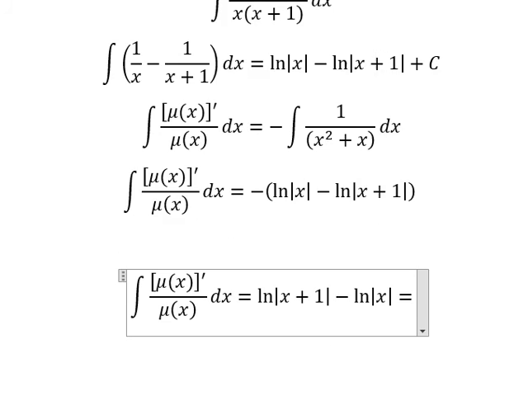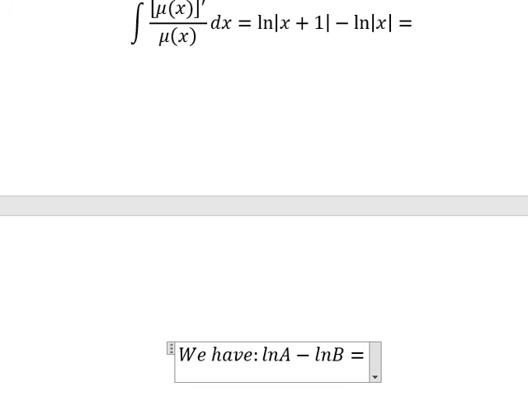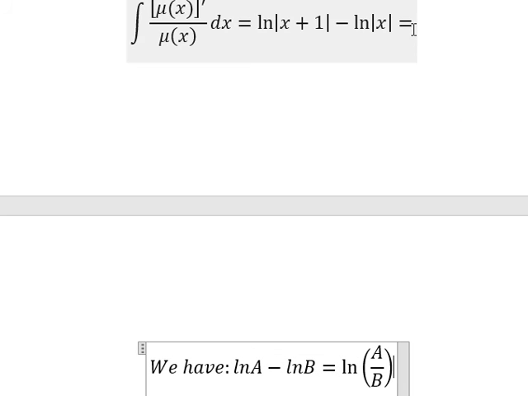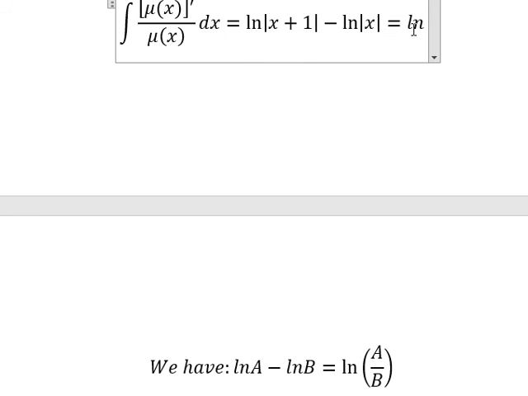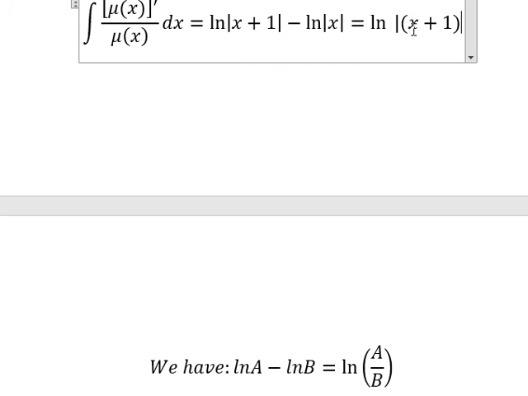We know that we have the formula in here: ln A minus ln B equals ln of A over B. So this one we can put into ln of the absolute value of s plus 1 over s.